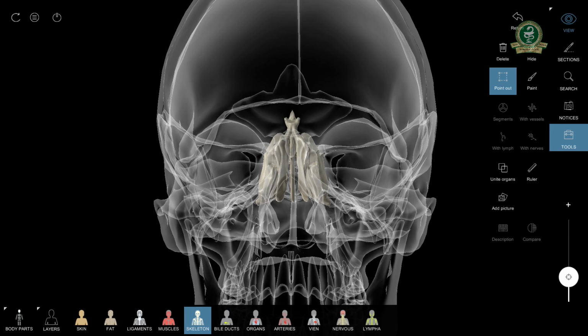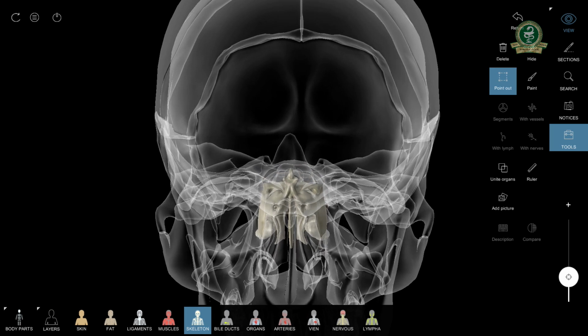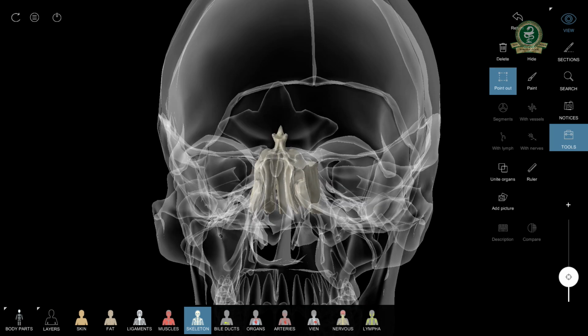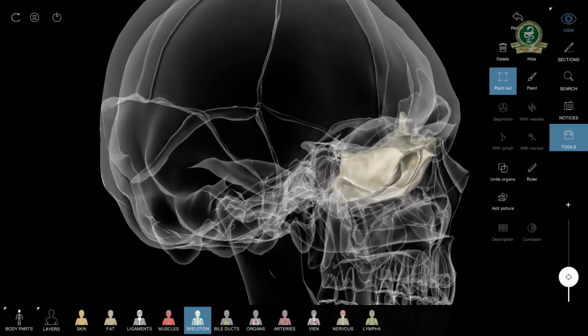And the perpendicular plate is the superior portion of the nasal septum. Here, the perpendicular plate, the superior portion of the nasal septum. And here we can identify the ethmoid bone.